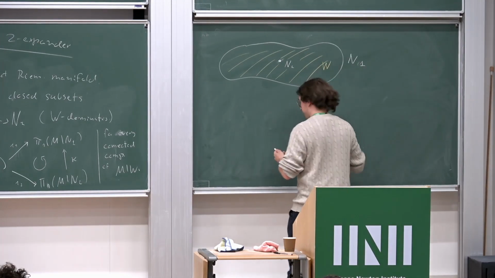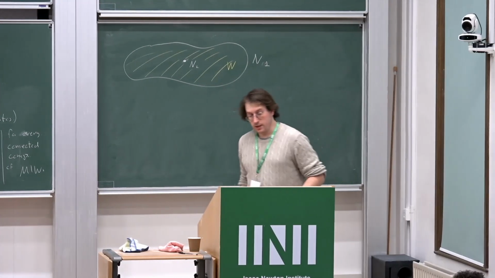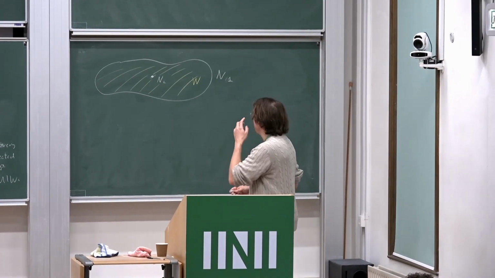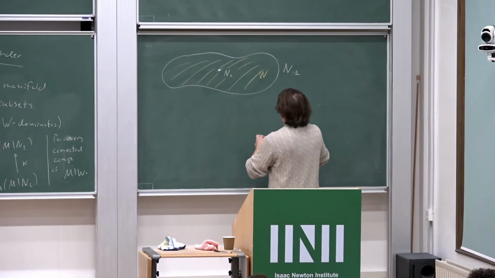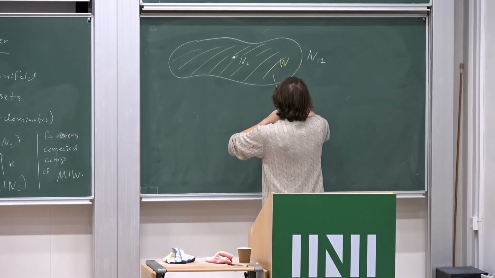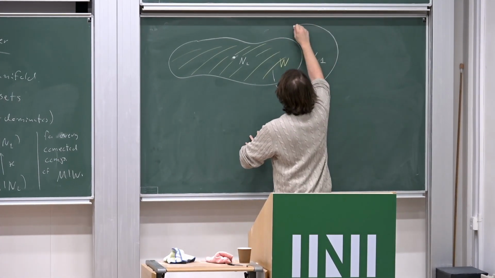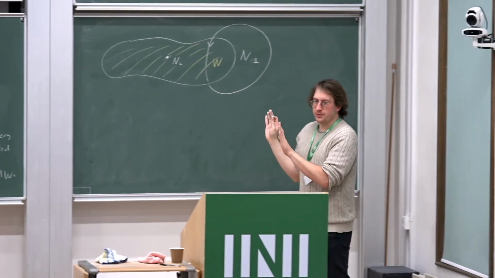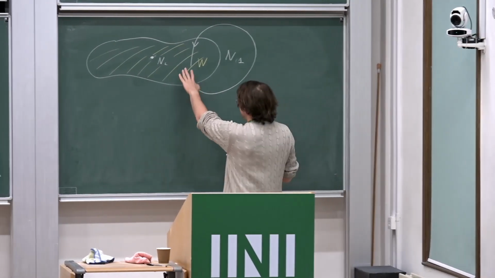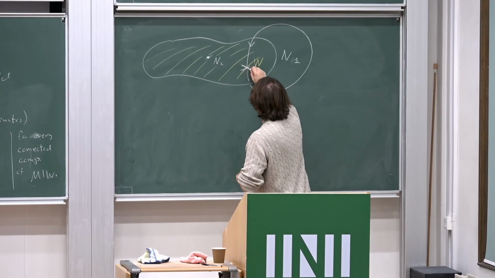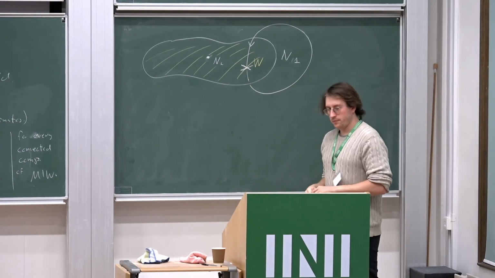This is W. So the property that we look for is that any loop that can be tied around N1 but cannot be tied around N2 is cut by W. This is intuitively what we would want.